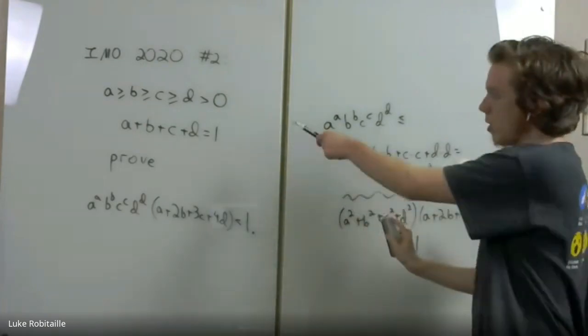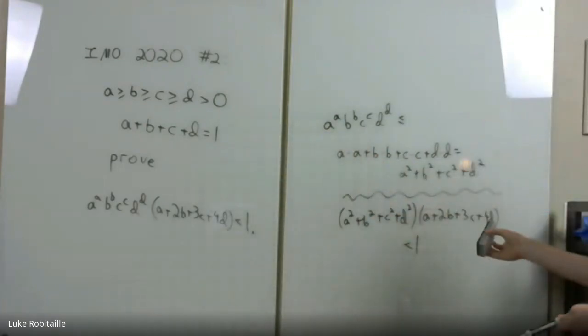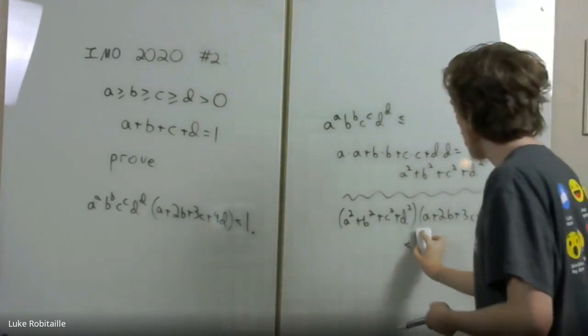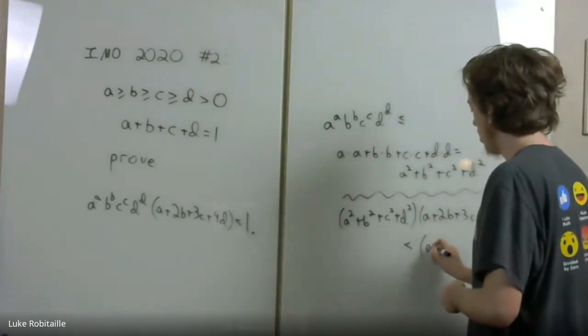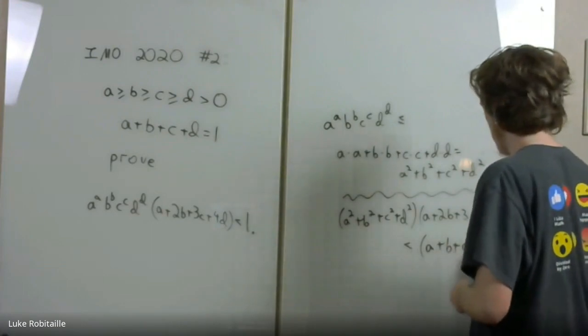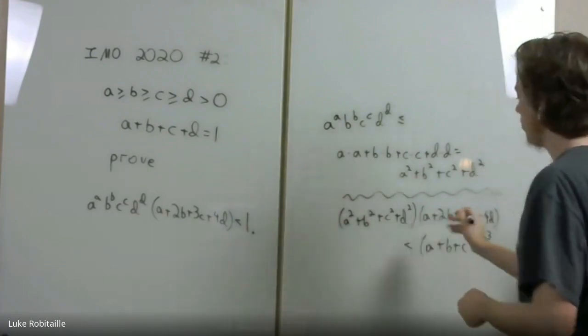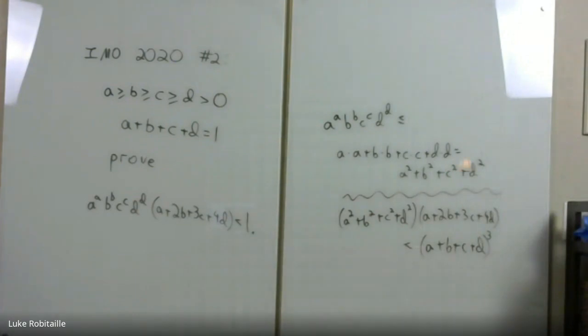If you homogenize, since this is a cubic thing on the left-hand side with degree 3, you want this to have degree 3, so it's nicer to write it as (a+b+c+d) cubed. Now there are ways to finish where you just do some computations. If you expand both sides, you can cancel some terms and pair up the remaining terms in a certain way, and you just do the bash, and it just works.